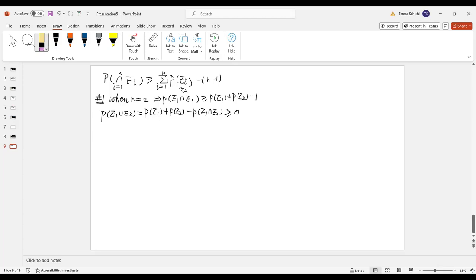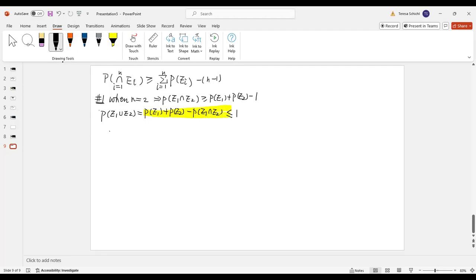It has to be less than or equal to 1 because from the probability axioms, we know probability cannot be greater than 1.